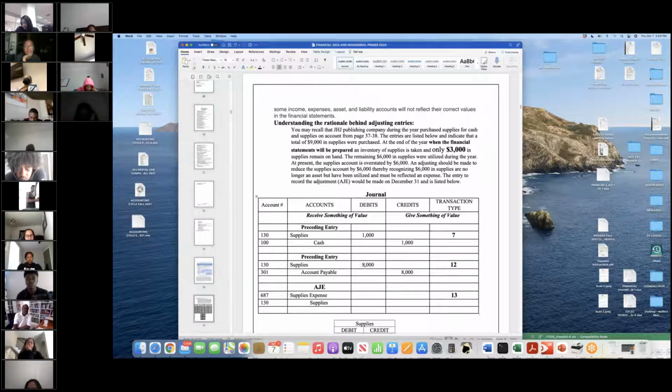And a purchase of supplies for $8,000, debit supplies and credit accounts payable. Now we're told at the end of the year we only have $3,000 in supplies.